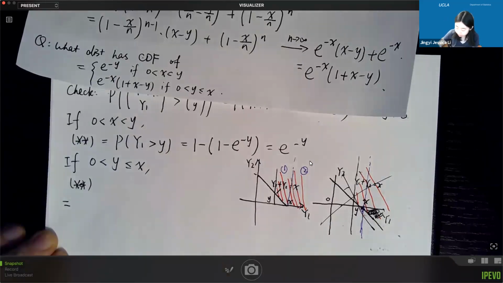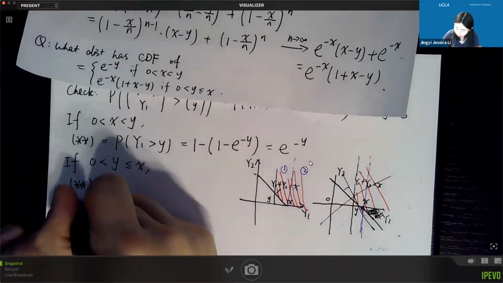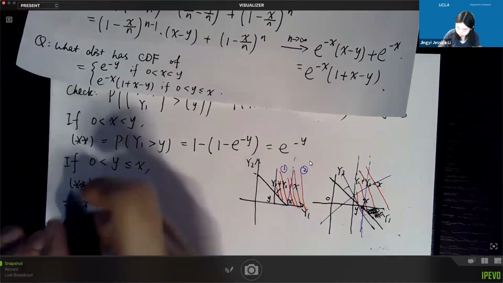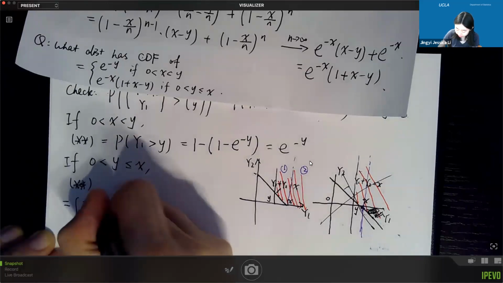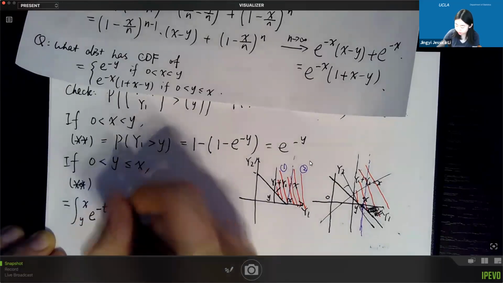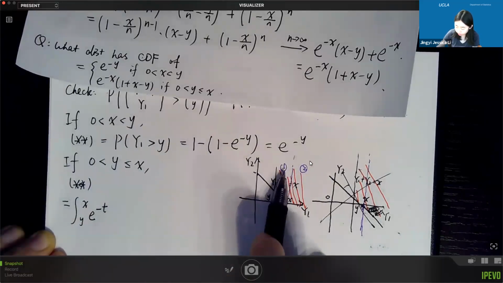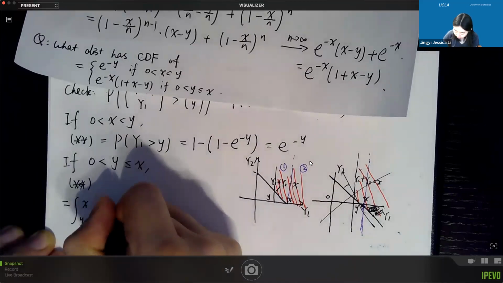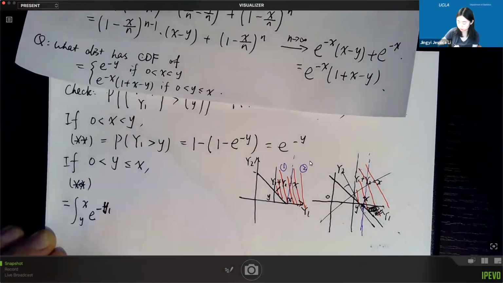So then you can see that by this separation, for area 1, I'm basically going to let y1 go from y to x. And for y1, its density, let me call it exponential to the negative t, where t represents y1. That goes from y to x. Or maybe I just call it y1, lowercase y1, that's more intuitive.